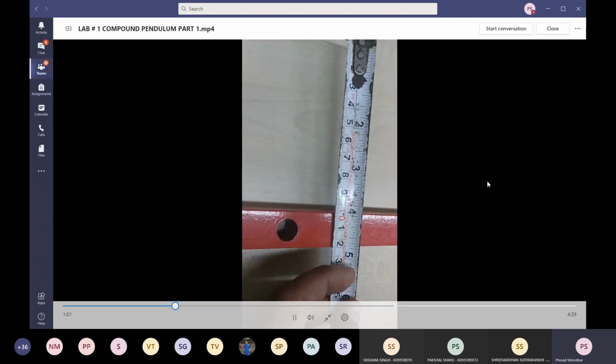Right. So thickness of the compound pendulum is 2 centimeters. So make a note of that. All these things you will need for your calculations.